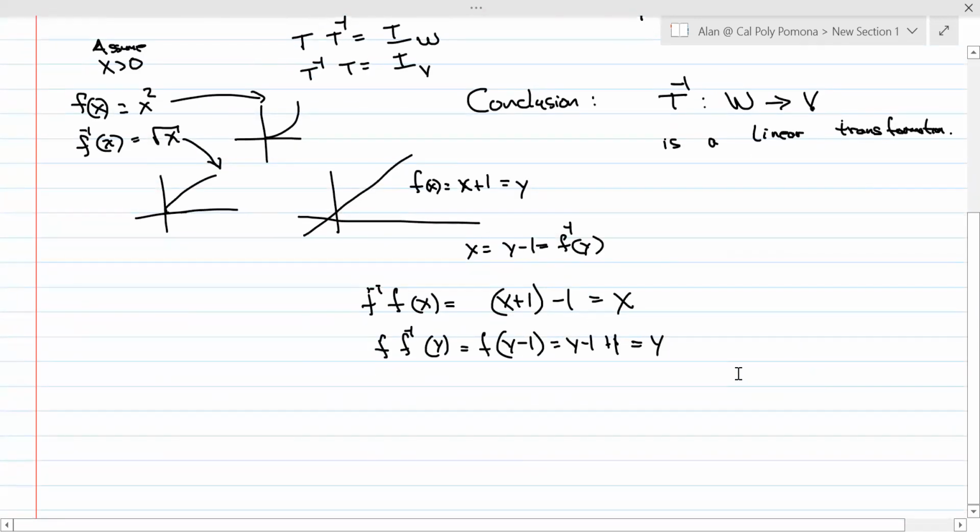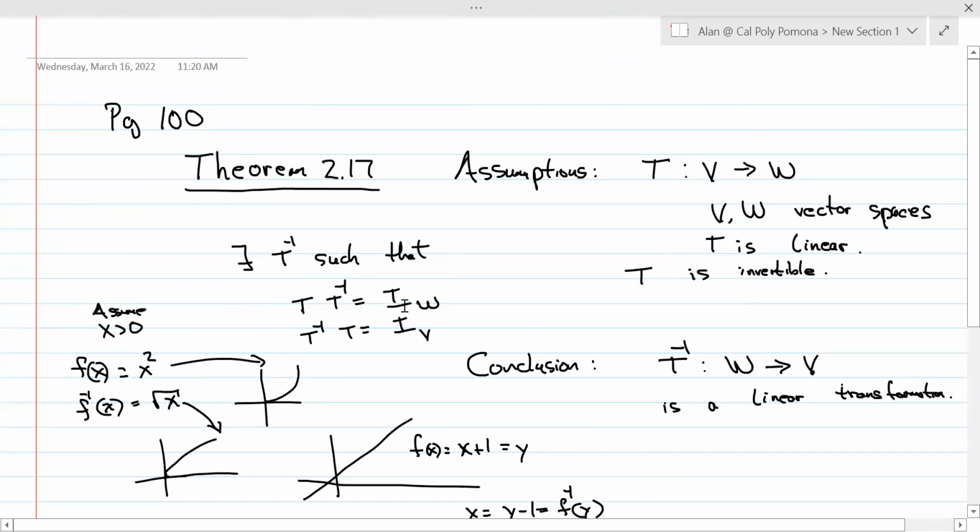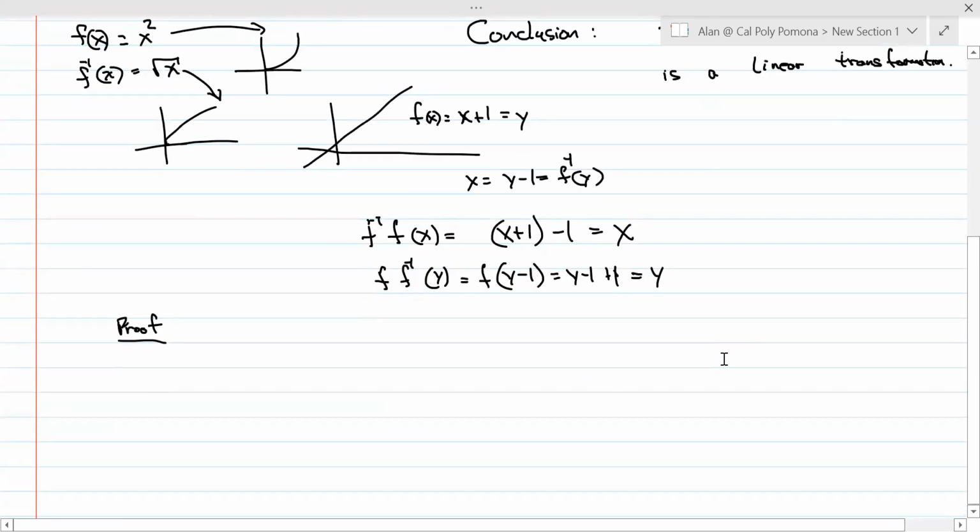That's the content. Let's look at the proof now. And by the way, put another way, we're saying that linear functions, if they're invertible, their inverses will be linear, which means it retains the property of linearity. That's what this is all about.